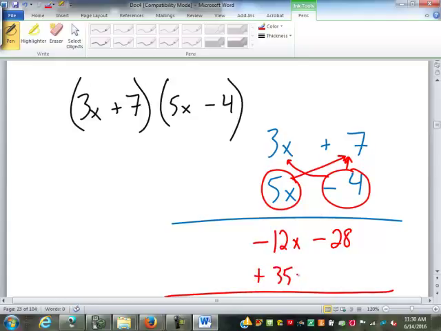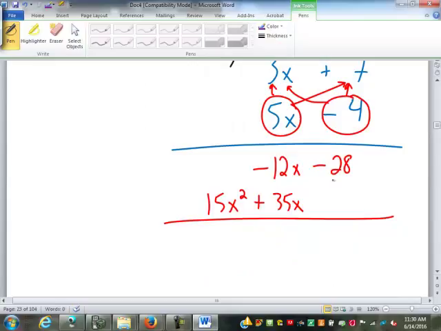We make sure we put that under the other x. 5x times 3x, 15x squared. And now we can add down, and it's just a negative 28, negative 12x and positive 35x, positive 23, and we keep the same name of x.